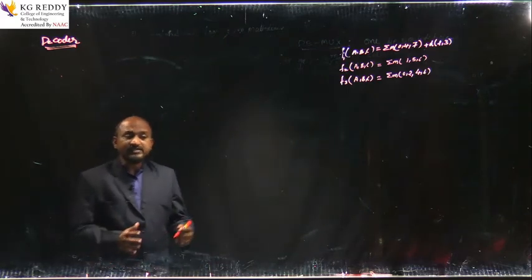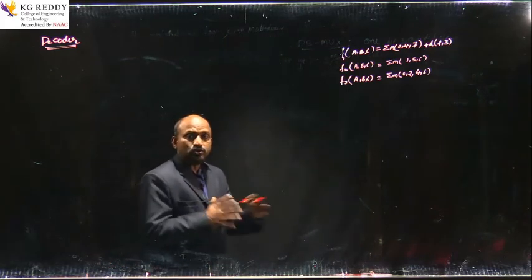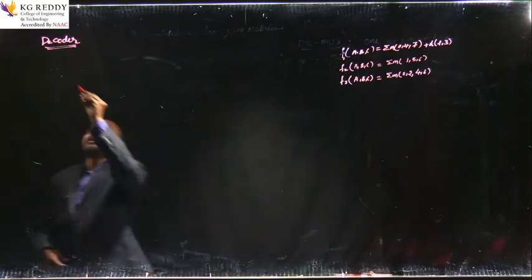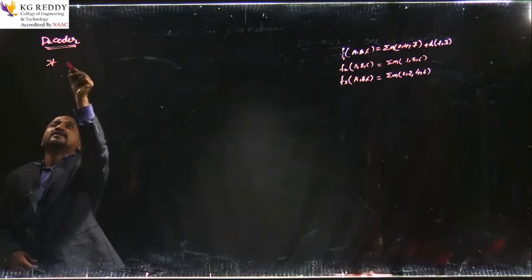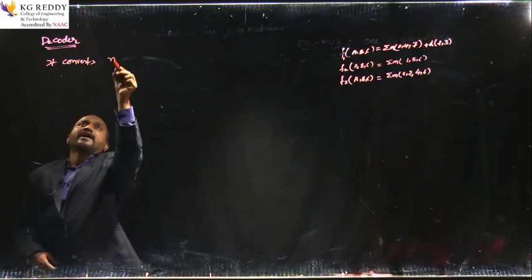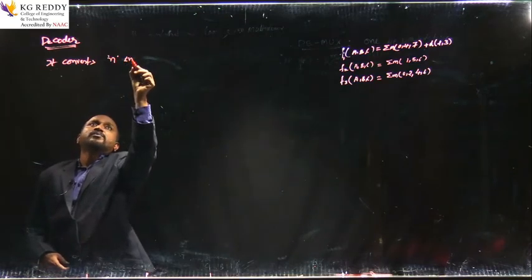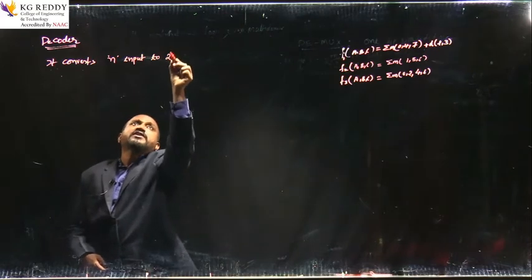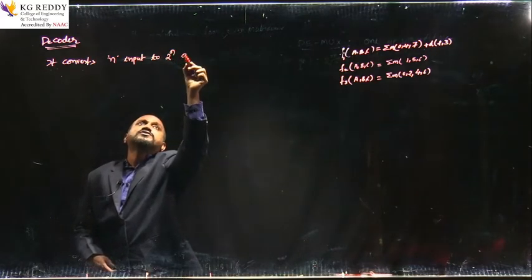Decoder converts n number of inputs to 2 power n number of outputs.